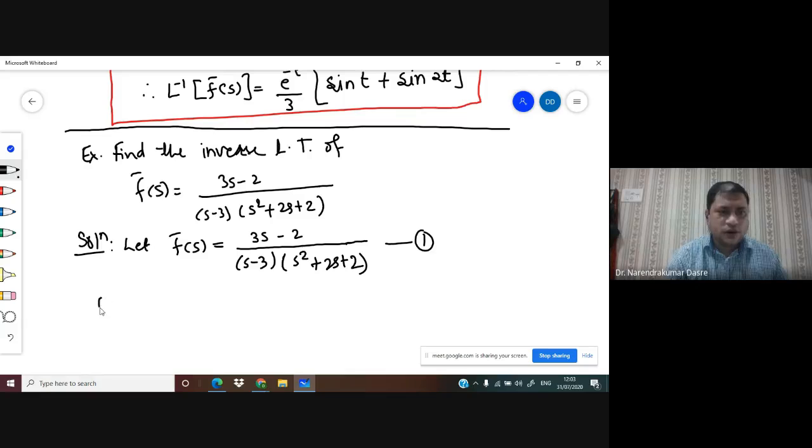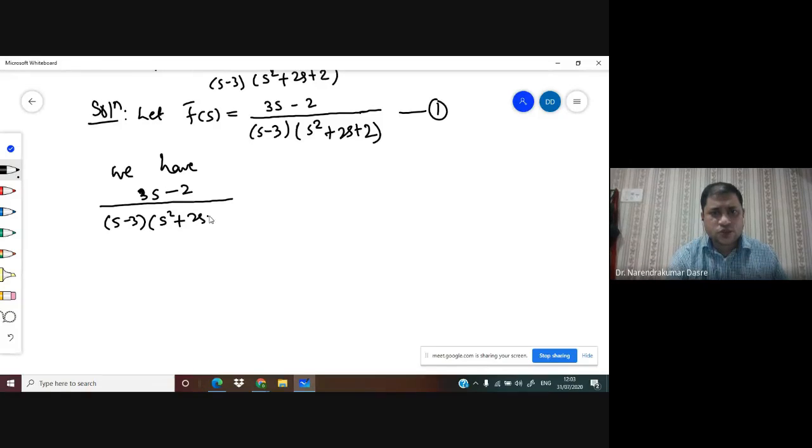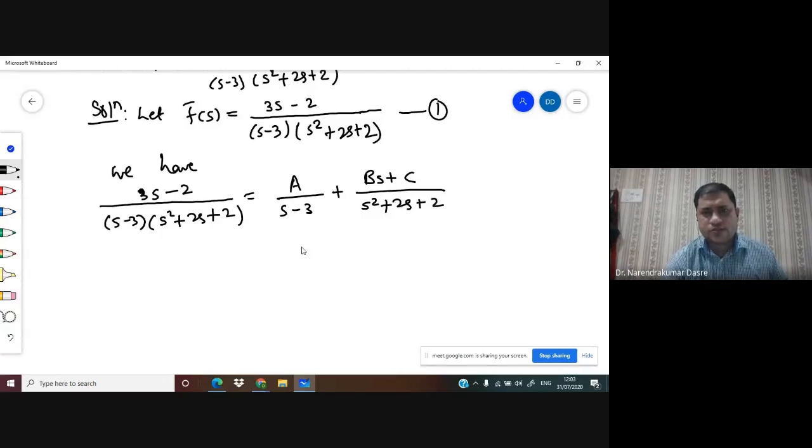Now we have 3s minus 2 upon s minus 3 times s square plus 2s plus 2, and this is equal to A for the linear factor, plus Bs plus C for this quadratic factor, s square plus 2s plus 2.